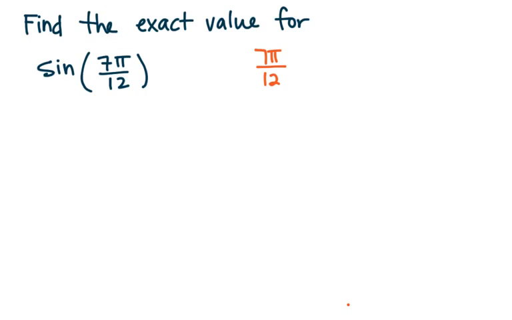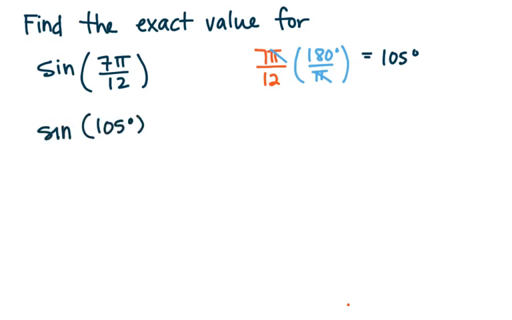Well, I can convert radians into degrees. The way we would do that would be to multiply by a unit fraction. 180 degrees is equal to 1 pi radian. The pi's cancel. I have 7 times 180 over 12, which simplifies to 105 degrees. So this is the same as sine of 105 degrees. So if you're presented with a problem in radians, just convert it to degrees.